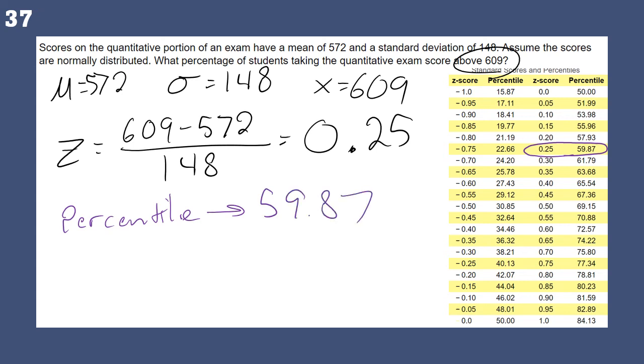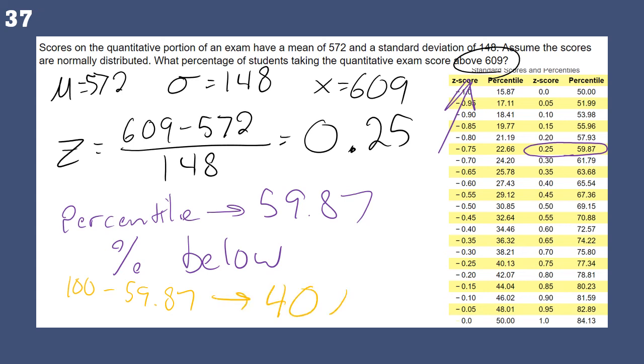Now the truth is that that percentile is the percentage below. And the question asked, what is the percent above? So we're going to have to subtract from 100 minus 59.87. And that would give us about 40% above.